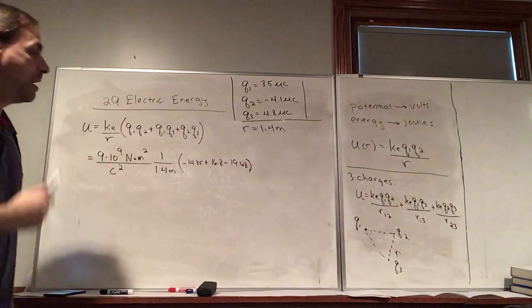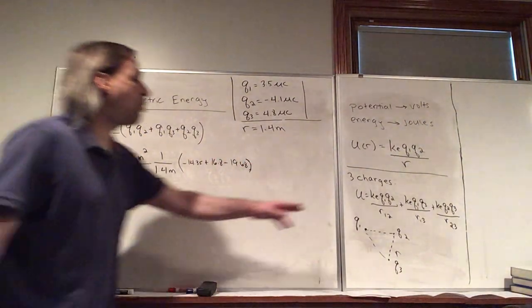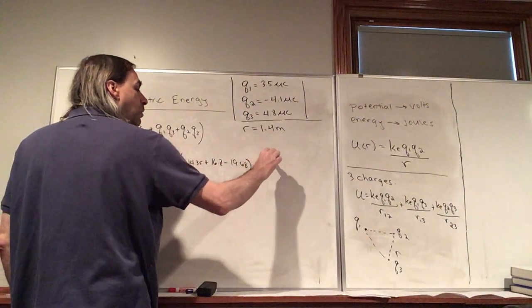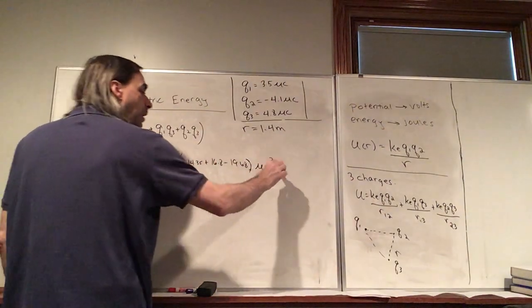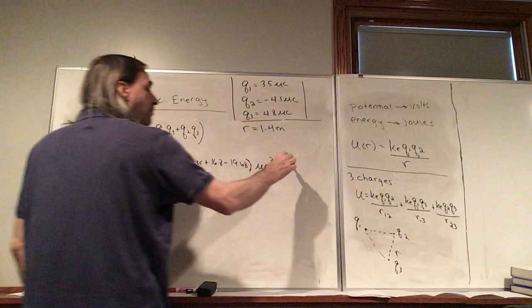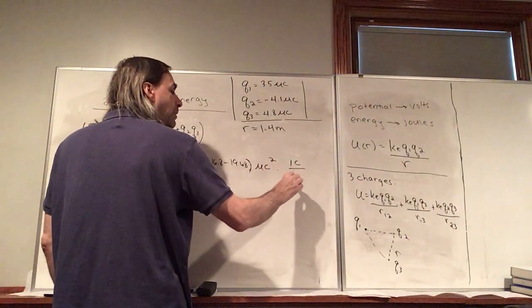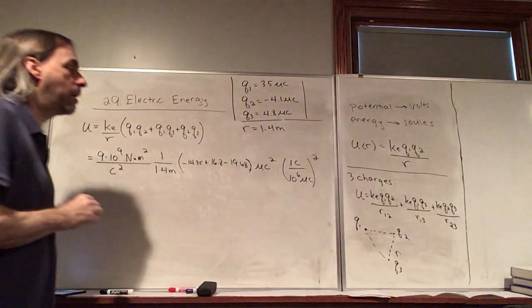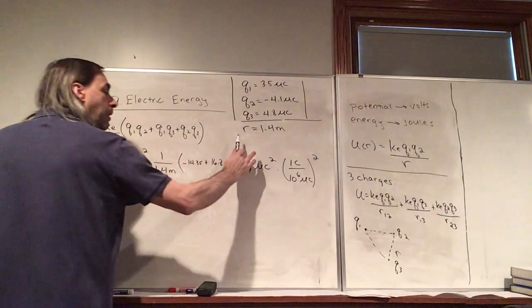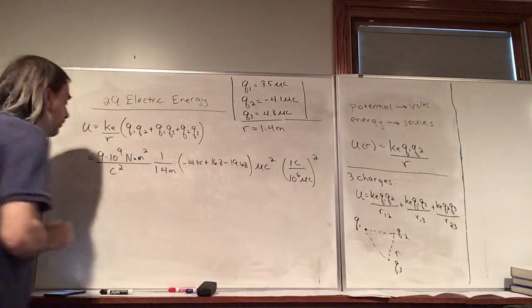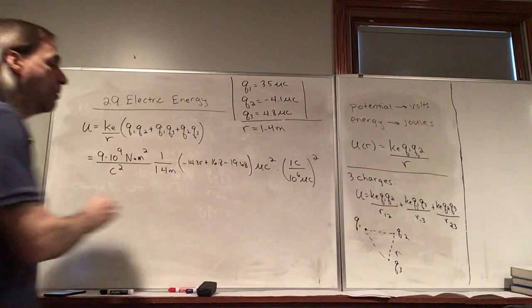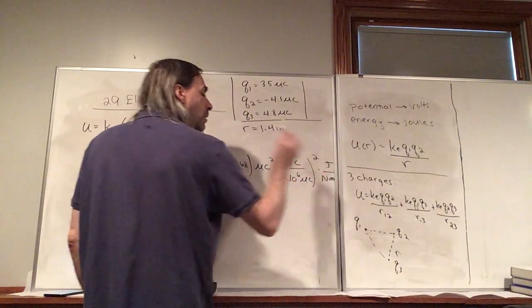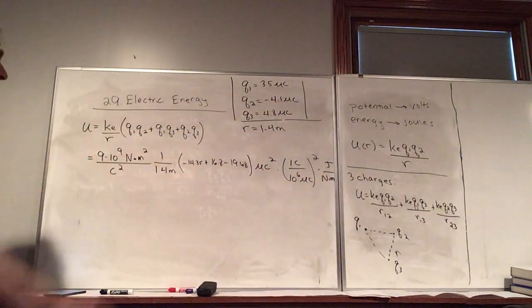Okay, now we've got a little more room. These products, Q1, Q2, were in microcoulombs, so we have microcoulombs squared. And I want these in coulombs, so we can say 1 coulomb is 10 to the 6th power microcoulombs, and we have to square that conversion factor. One more thing: a joule is a newton times a meter. Now let's go through and check the units.